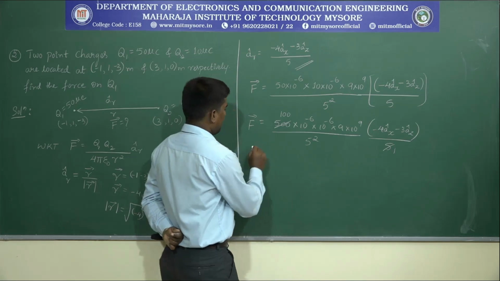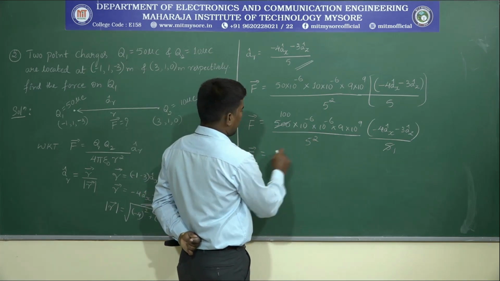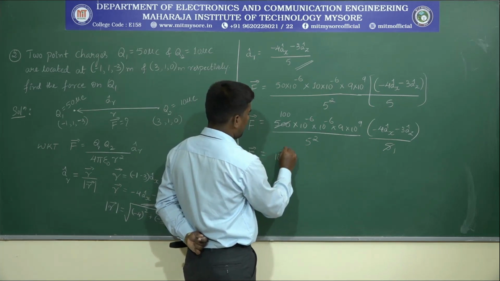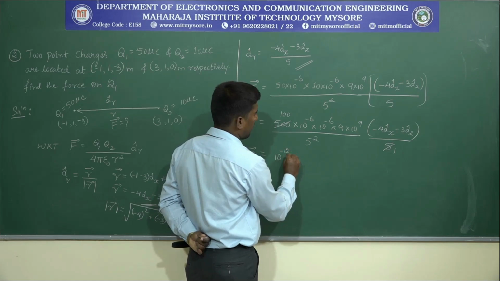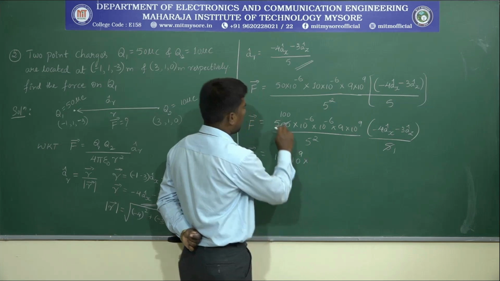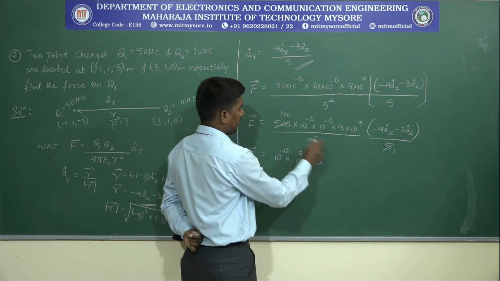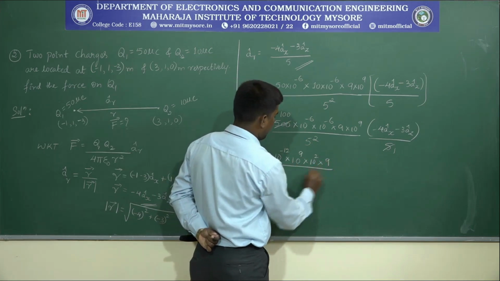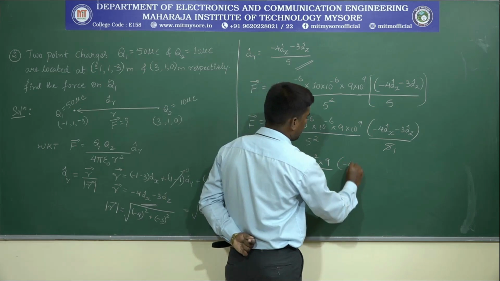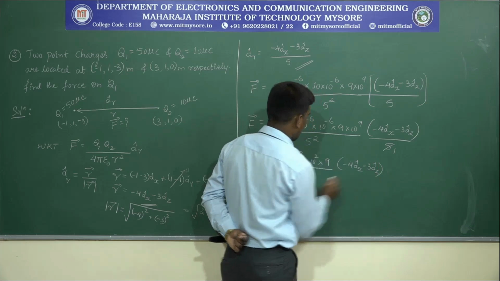Okay, F is equal to how much are we going to get? 10 power minus 12 into 10 power 9 into 100, which can be written as 10 square, into 9 divided by 25, into minus 4 a cap x minus 3 a cap z.